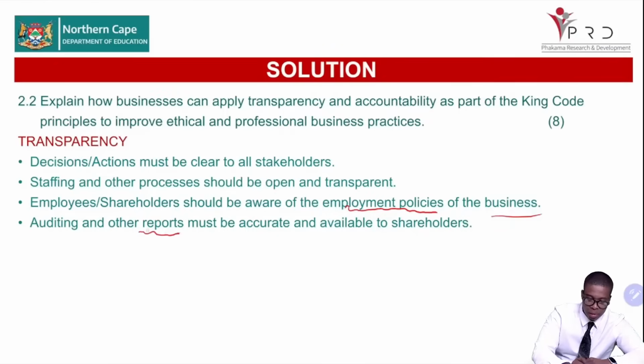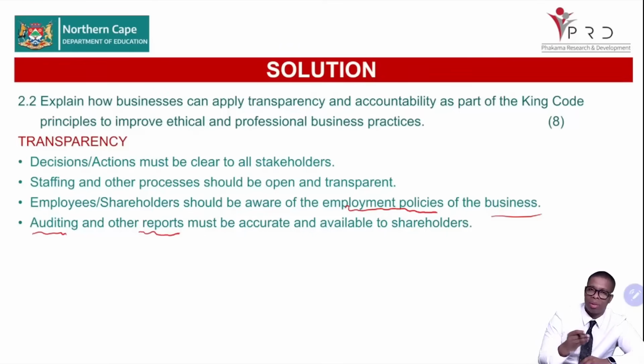Auditing and other reports. What is an audit? An audit is a process of checking the financial documents of a business, financial documents such as an income statement and a balance sheet. So basically it checks whether money coming in and money going out is coming in the right way and going out the right way without any fraud happening.